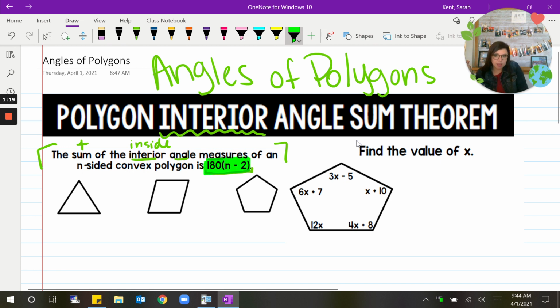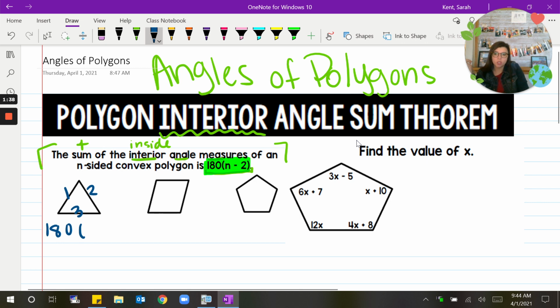So here's what this means. If we look at this first shape here, and if we count the sides, we can see there's 1, 2, 3 sides. So what I would do is take this formula, 180 times n, where n is the number of sides.